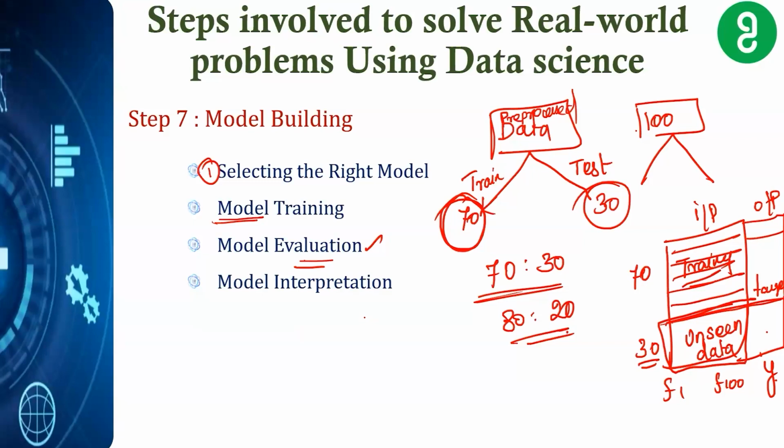For that, we have performance metrics like RMSE, root mean squared error. You can find the error values, and if the error is low, then I can state that my model is working fine, right?